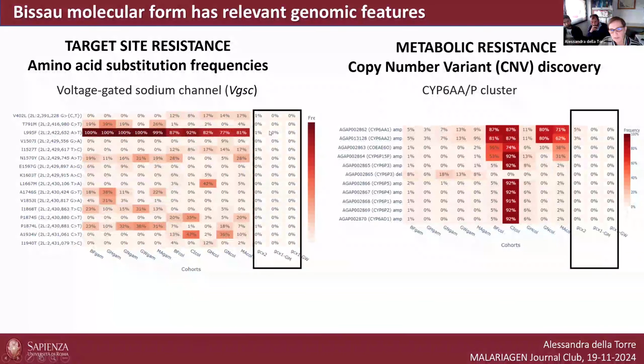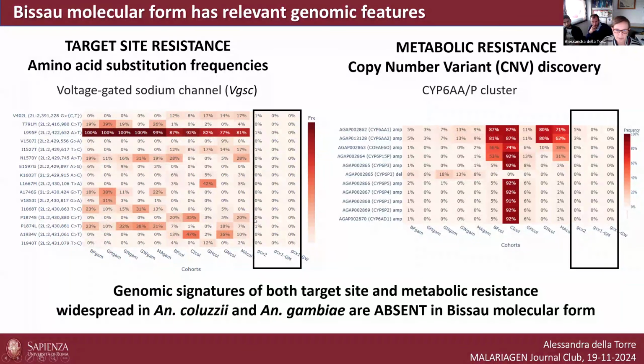Here you can see that the 3 Far West populations do not show these genomic signatures, which are widespread in gambiae and coluzzii. Particularly the last 2 columns refer to the Bissau molecular form. And you can see that at least at the time when our samples were collected in 2005 and 2006, these widespread polymorphisms were not present, suggesting that they may have different insecticide resistance mechanisms.